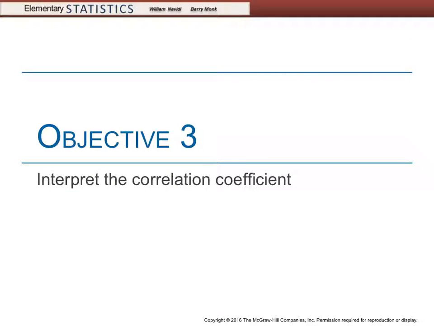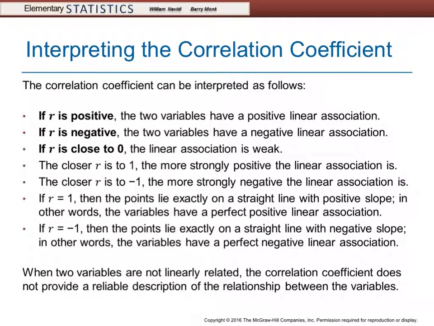Well, now we're going to interpret the correlation coefficient real quickly. So the major ideas of interpreting correlation are as follows. If R is positive, the two variables have a positive linear association, but here we have to be careful what we mean by positive. If R is negative, the two variables have a negative linear association. If R is close to 0, the linear association is weak.